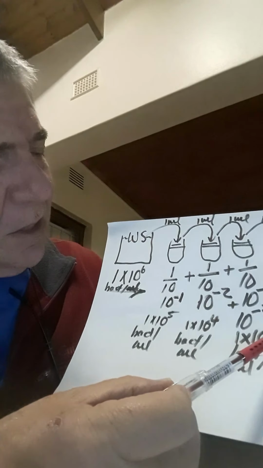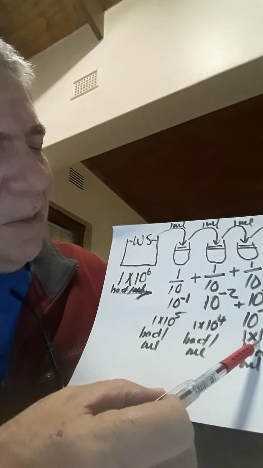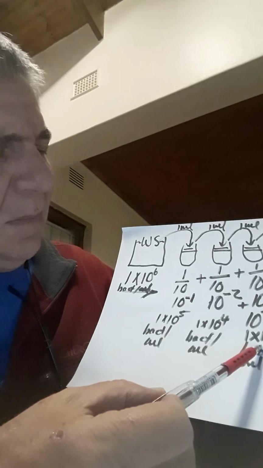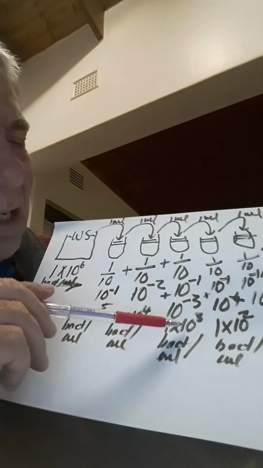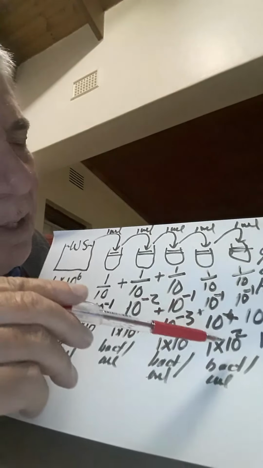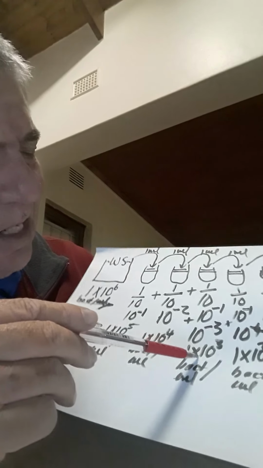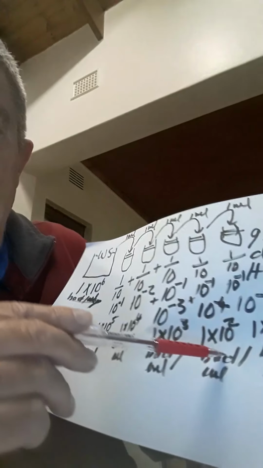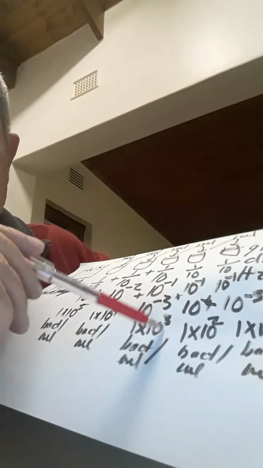So this 1 times 10 to the power 3, that is 1,000 bacteria. I cannot count 1,000 colonies on an agar plate. Now, if I go to this one, a further 1/10 of this is 1 times 10 to the power 2, and that is 100.